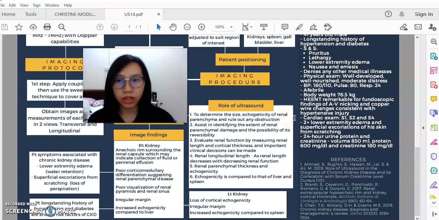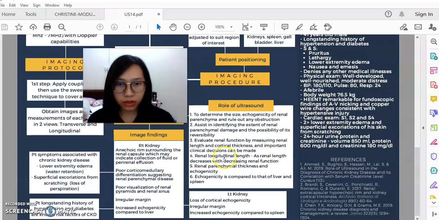So from ultrasound we can see how bad the renal damage is, and we can see if it is reversible. Ultrasound also evaluates renal function by measuring the renal length and the cortical thickness, and important clinical decisions can be made based on these measurements.